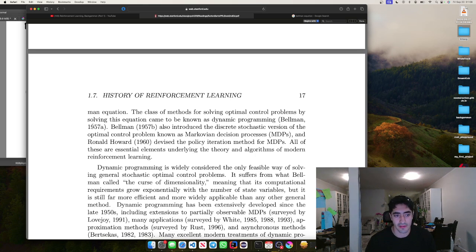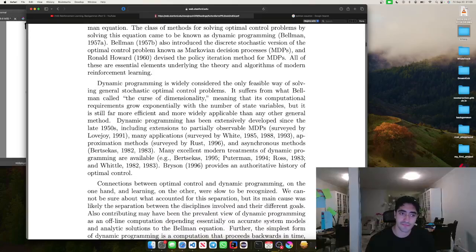Bellman 1957a. Bellman 1957b also introduced the discrete stochastic version of the optimal control problem known as Markovian decision processes (MDPs). And Ronald Howard 1960 devised the policy iteration method for MDPs. All of these are essential elements underlying the theory and algorithms of modern reinforcement learning.